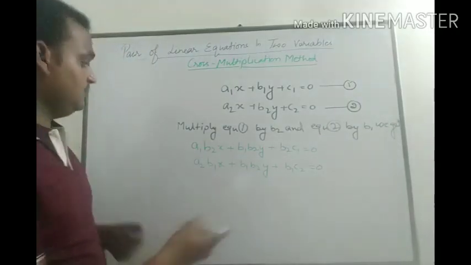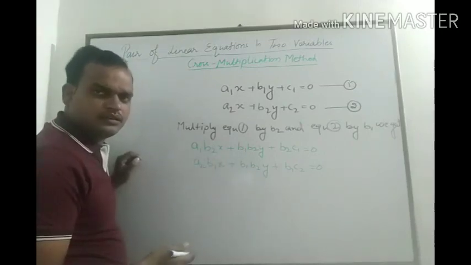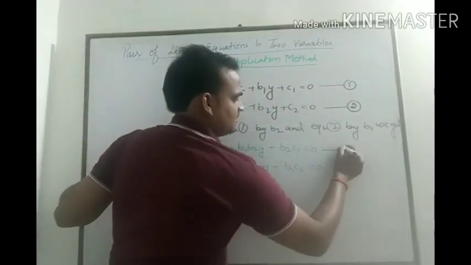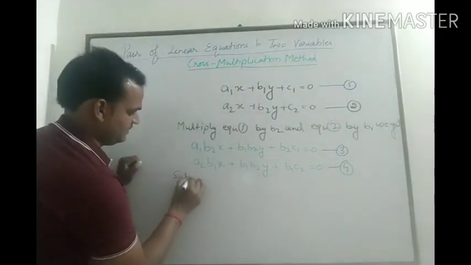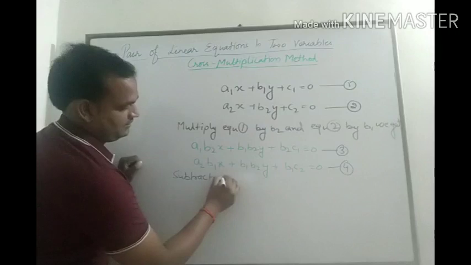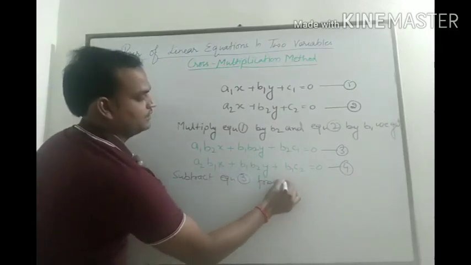How? Next, we will subtract one equation from another. Let us say this is the third equation and this is the fourth equation. So subtract equation third from fourth.